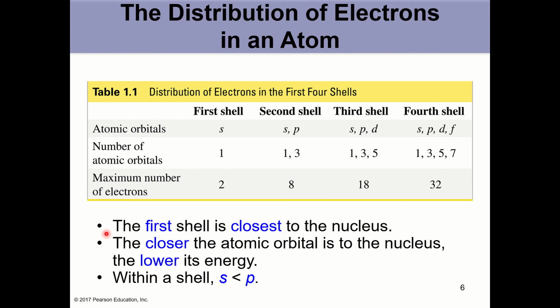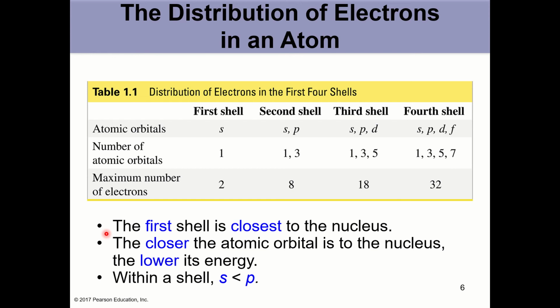Atoms in row 3 can have up to 18 electrons max. It cannot exceed 18 electrons. The maximum number of electrons in row 4 is going to be the total number of orbitals times 2, and that's going to give us 32 electrons.